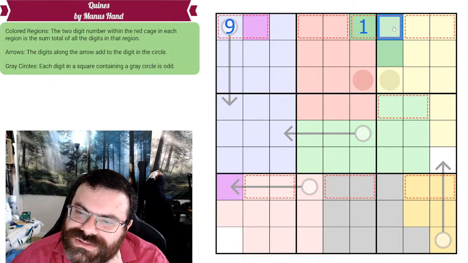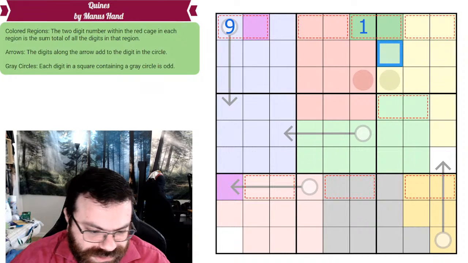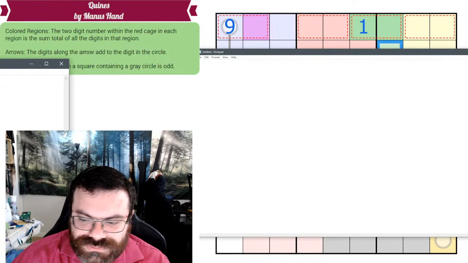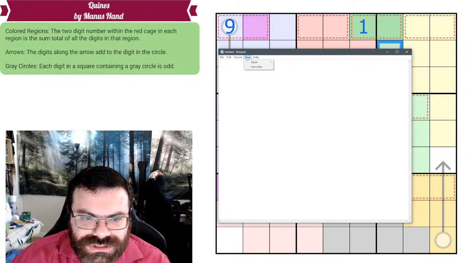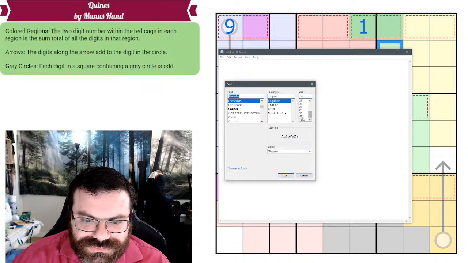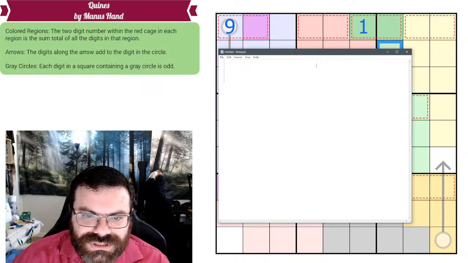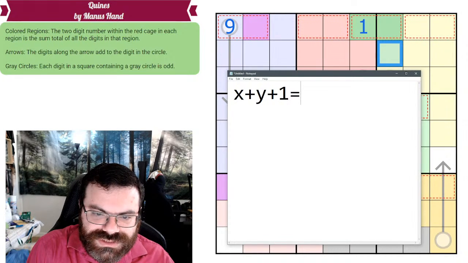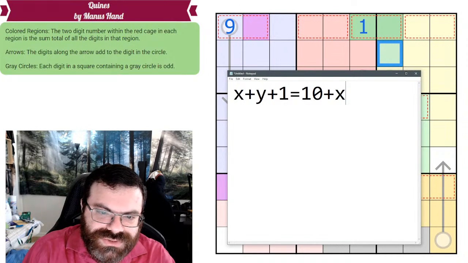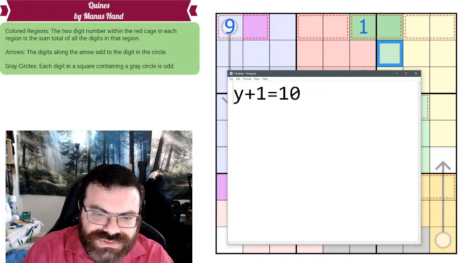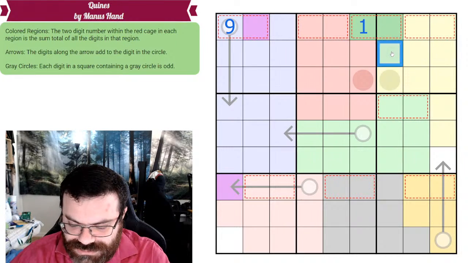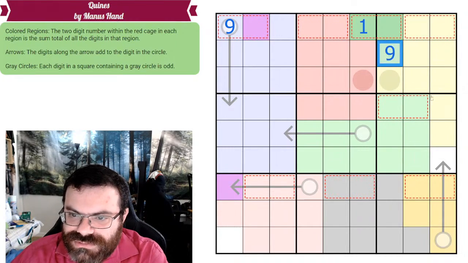Say this is A, this is X, this is Y. Might as well pull up a notepad. I'm gonna have to make the font big. So X plus Y plus 1 is equal to 10 plus X. So we can actually remove the X's from both sides, and Y is 9. Easy, okay. So that's a 9.